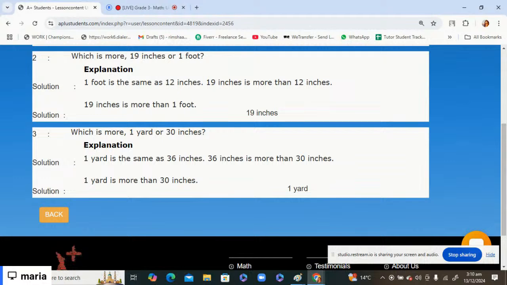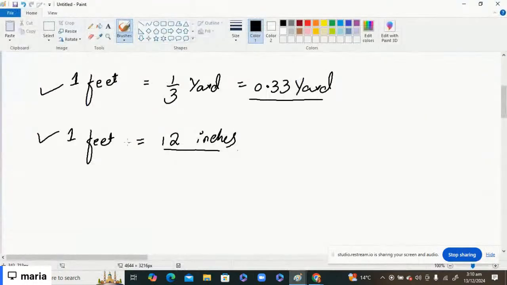So 1 yard is greater as compared to 30 inches. You also put it here. One more thing here: 1 yard is equal to 36 inches. You should know this thing as well.